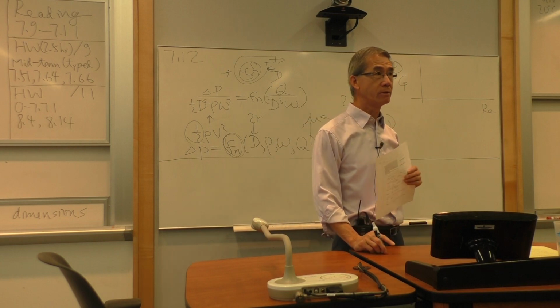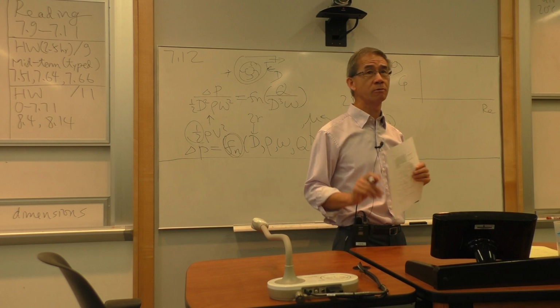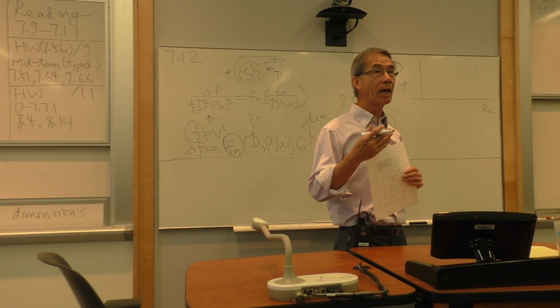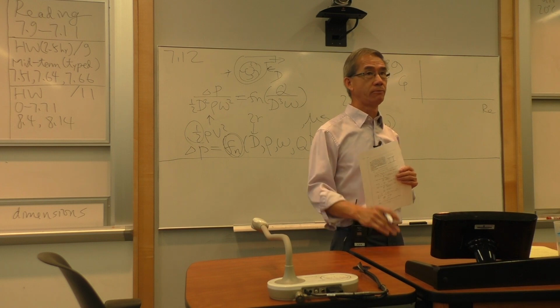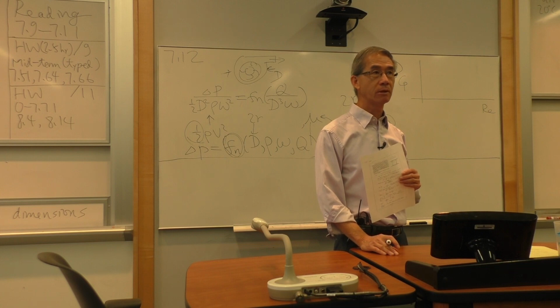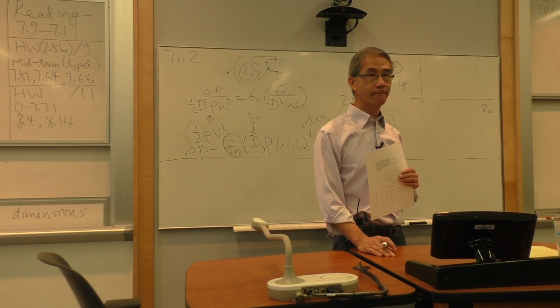So chapter 7 had nothing to do with how pipe flow will lead to how much pressure drop. You can't do that from chapter 7. You can only do it from experiment. And that's chapter 8 and chapter 9. Right?